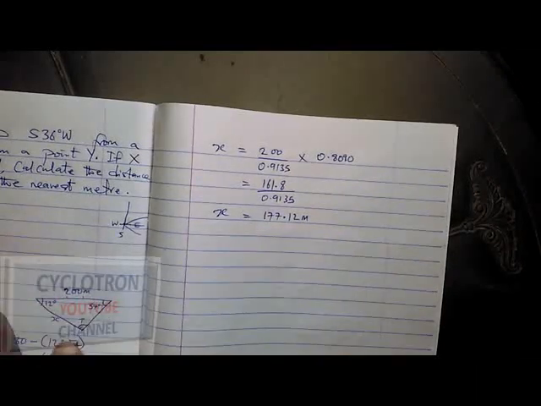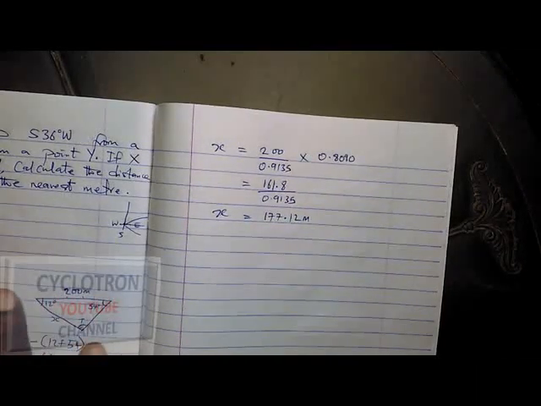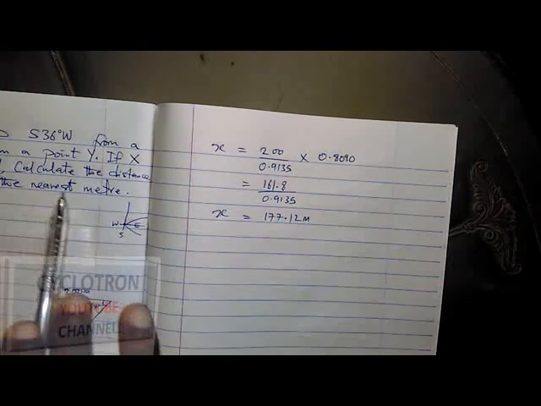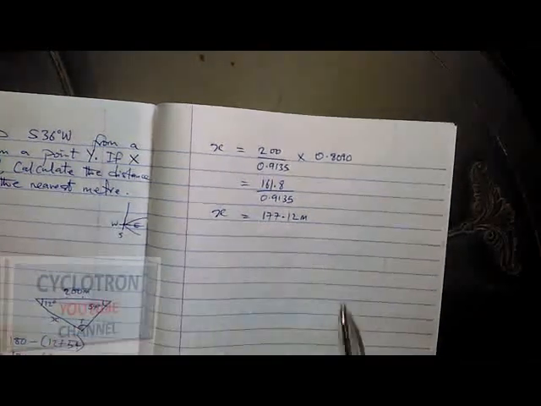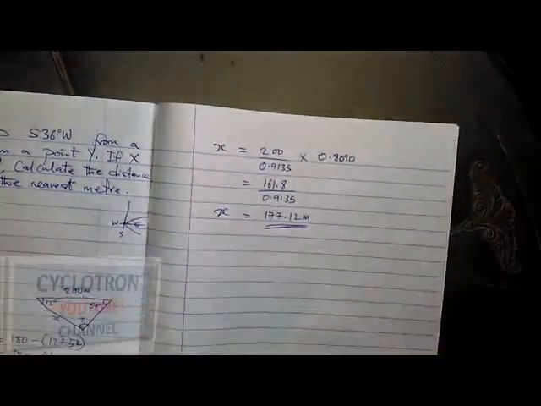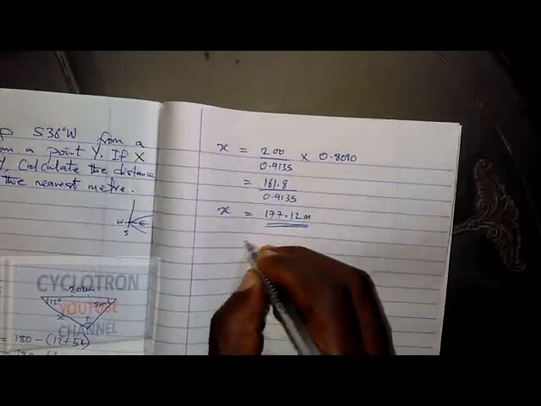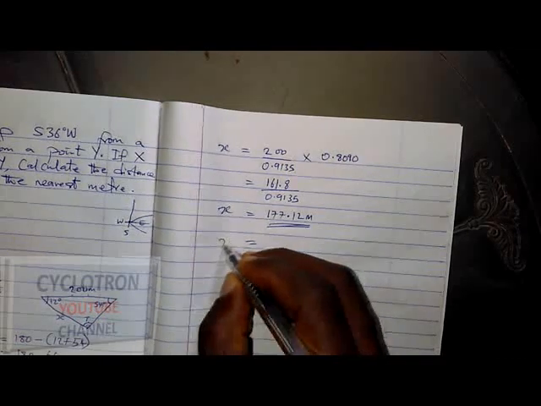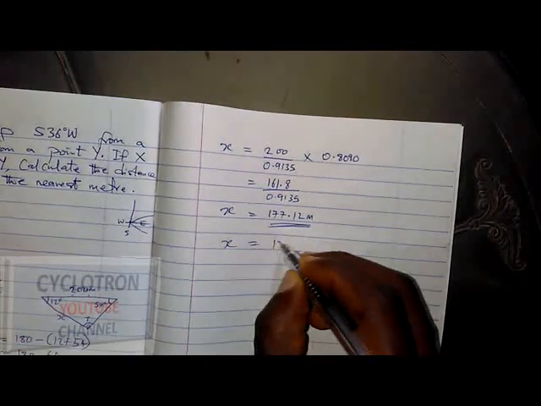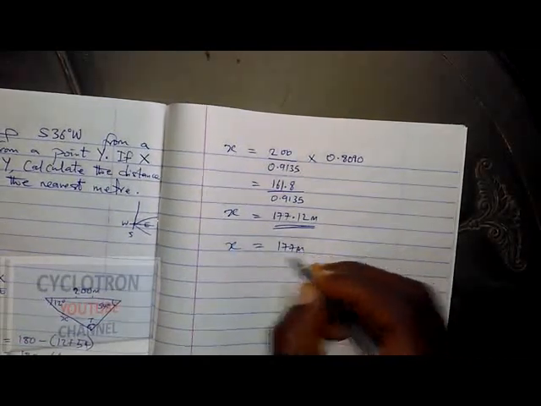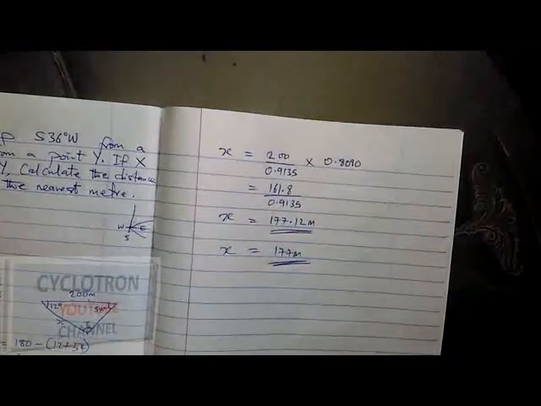Now calculate the distance from the tree to Y to the nearest meter. That is what they want us to do, and that is what we have done. But to the nearest meter means you approximate. X is approximately 177 meters when you round it down.